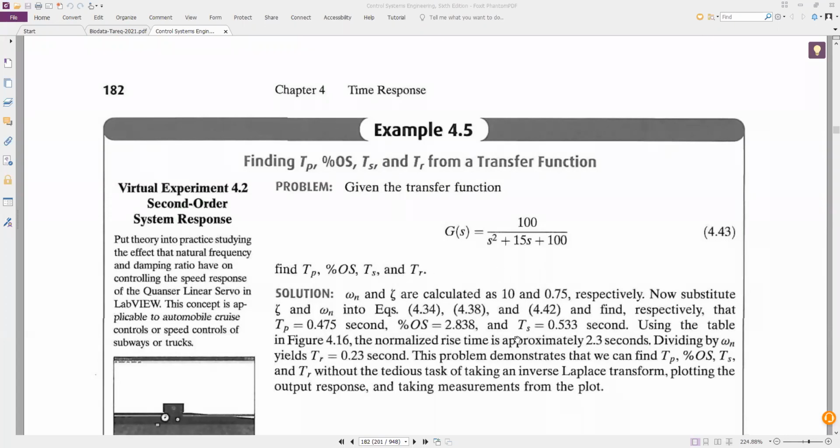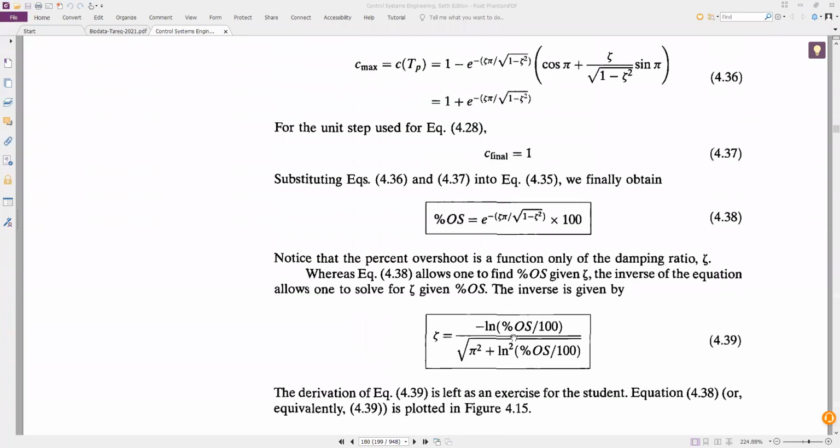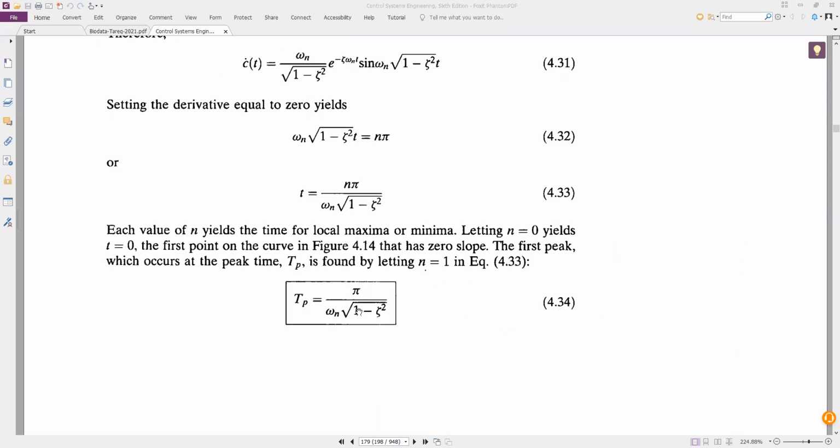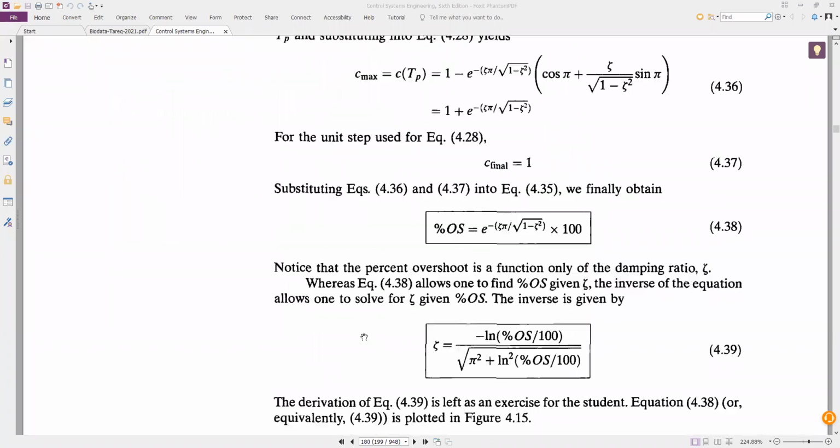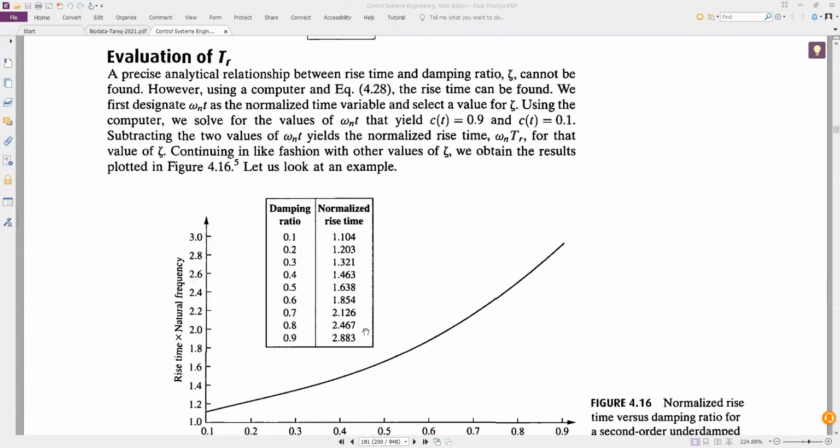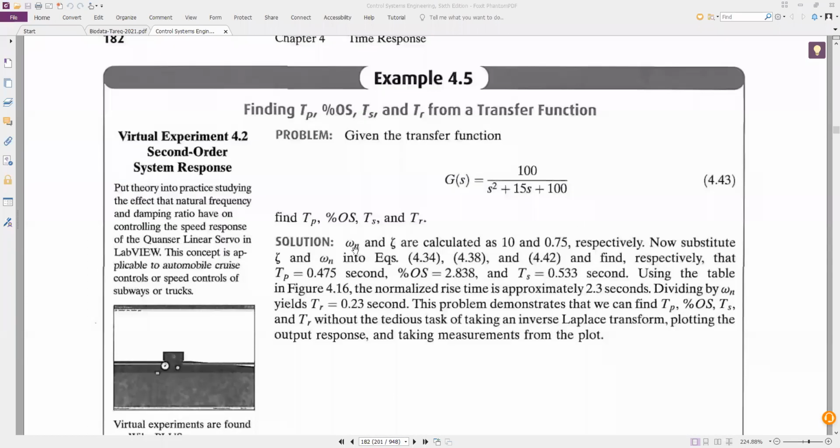Now, see, what is the value of Tp? Pi by omega n into square root of 1 minus zeta square. That is the value of Tp.